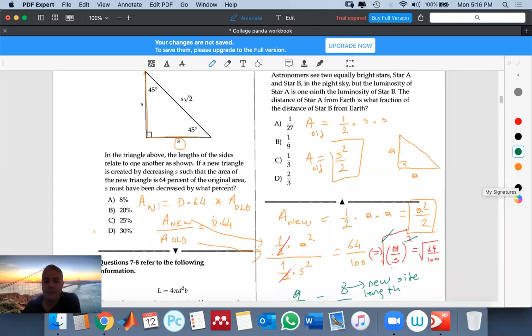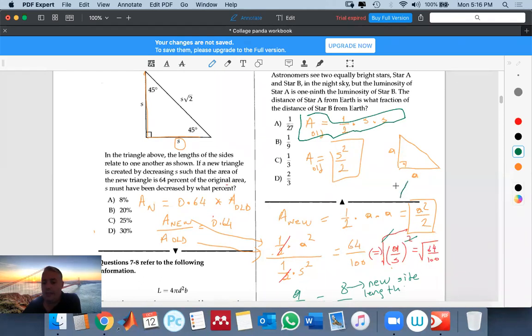So area new is 64% of our area old. So area new divided by area old is 0.64. The area formula is 1/2 times base times altitude, which is S squared over 2.